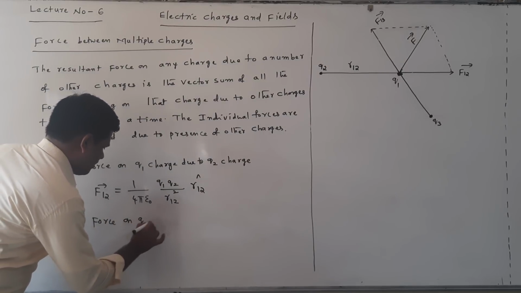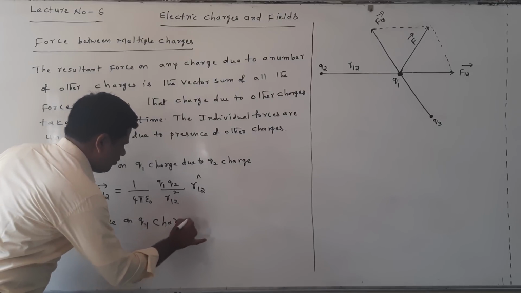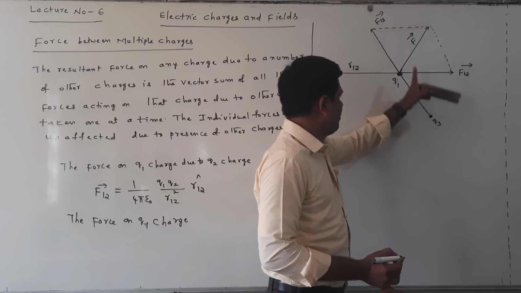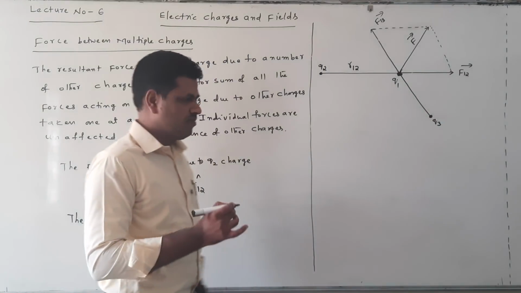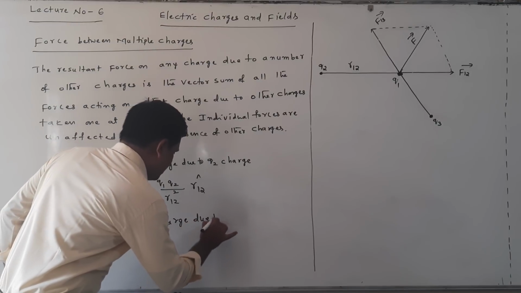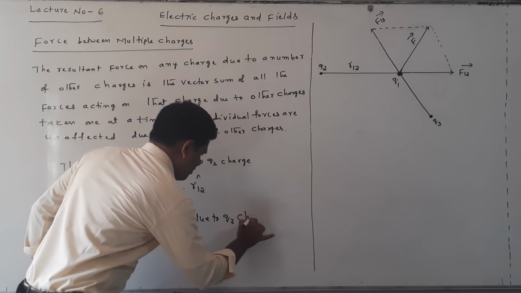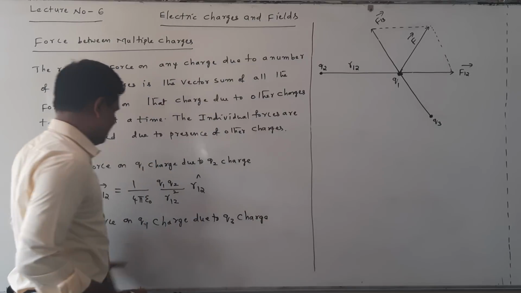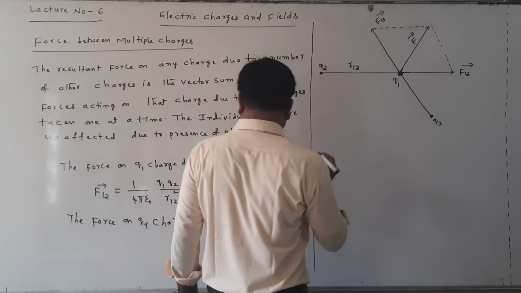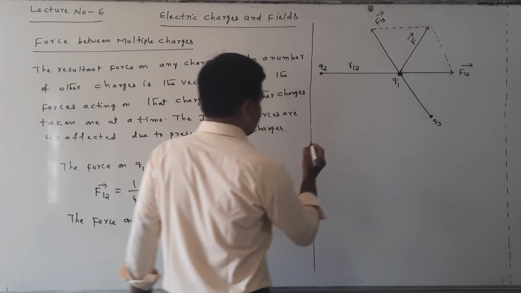Q1 charge. Here I want to find the force acting on the Q1 charge due to the Q2 charge, and the force acting on the Q1 charge due to the Q3 charge. Now the force on the Q1 charge due to the Q3 charge I am writing as F13 bar.